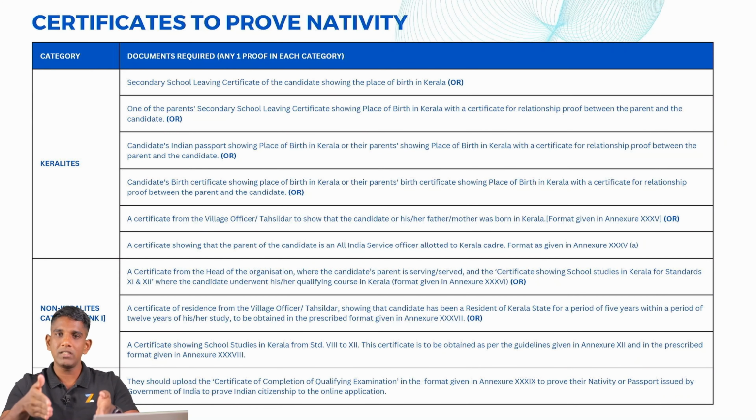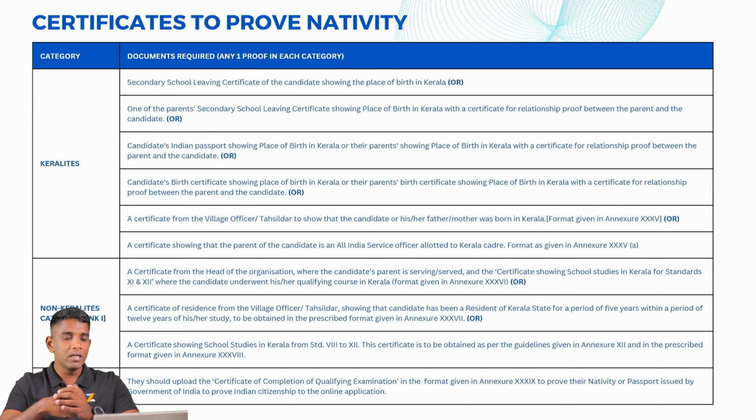If in the birth certificate it's given that you are born in Kerala, then that can be produced, or you can use your parents' birth certificate which shows that they are born in Kerala, and you need to produce one more additional certificate to show that the parent and the candidate are related. Whenever you are using your parent's certificate or proof, you need to produce an additional certificate which shows that the parent and candidate are related.